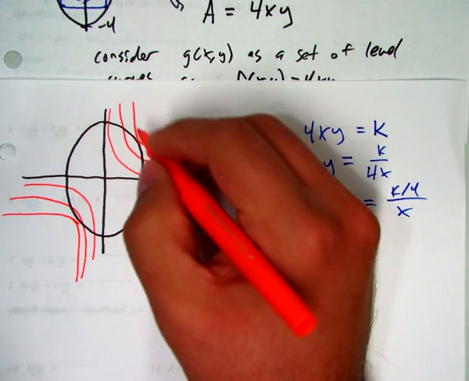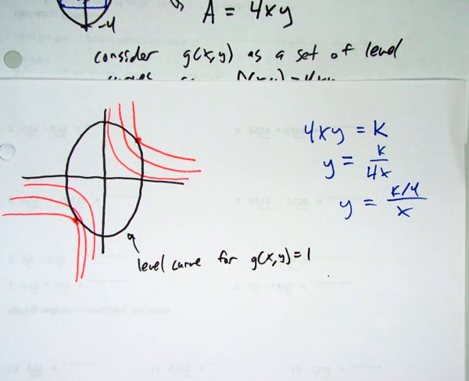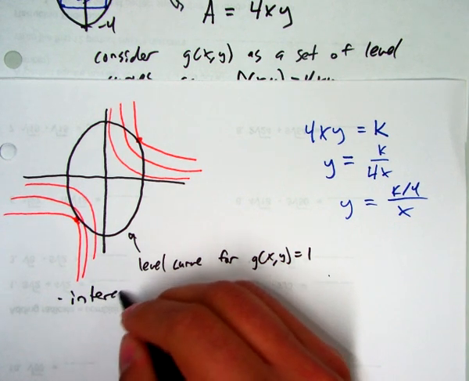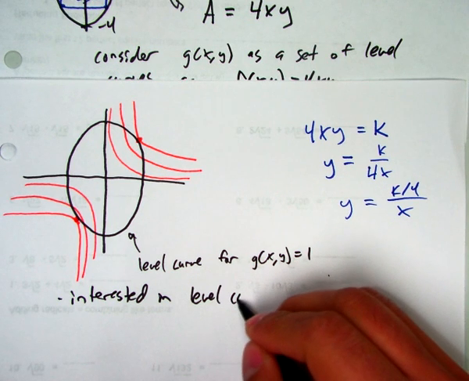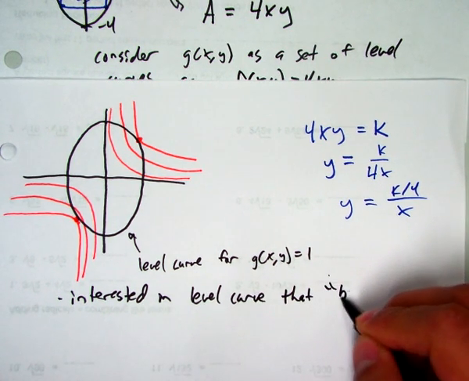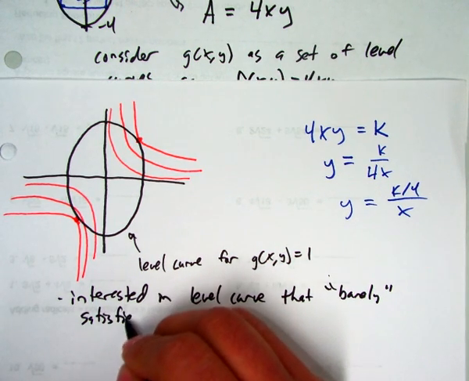Because these are the ones that are barely or just touching that constraint. Does that make sense? Okay. So now, let's write this down. We are interested in the level curve that barely satisfies the constraint.